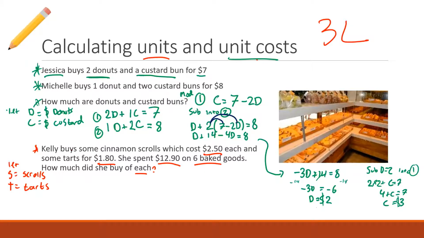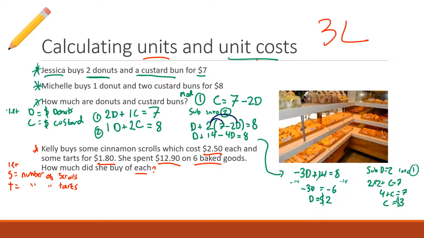In the earlier one, we didn't know the price of a donut, so D was equal to the price of donuts. Here, S is the number of scrolls, and T is the number of tarts. You might even want to write that down, just so that we're not getting confused with what we're doing here.